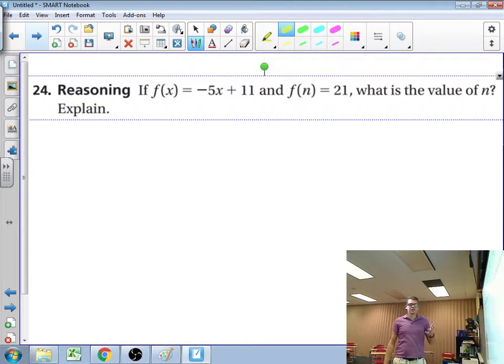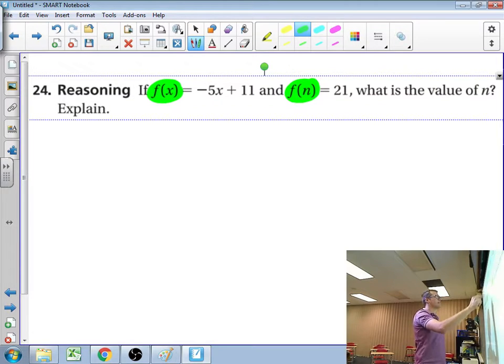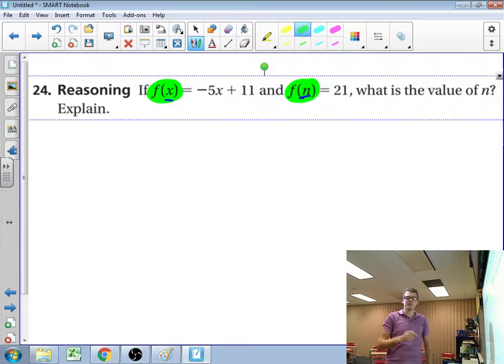Now the next question is a little bit more complicated because it changes notation. This is nothing to concern you. It doesn't matter whether they use x or whether they use n. It's just a placeholder value for whatever the input is going to be.